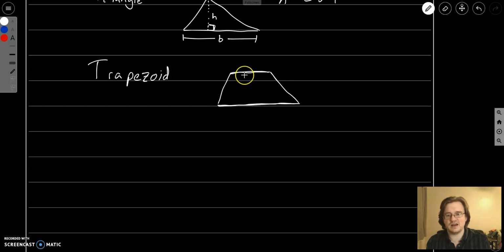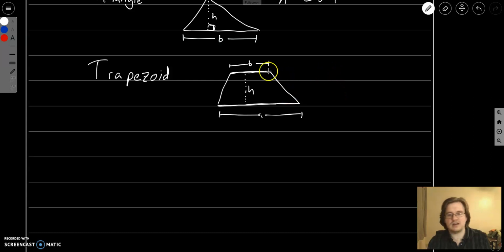And again, the way that this will work, we'll have 1 length on the bottom and 1 length on the top. The book uses A for the bottom length, and it uses B for the top length. And we also need to know the height. Let me do this with a dashed line. We also need the height.